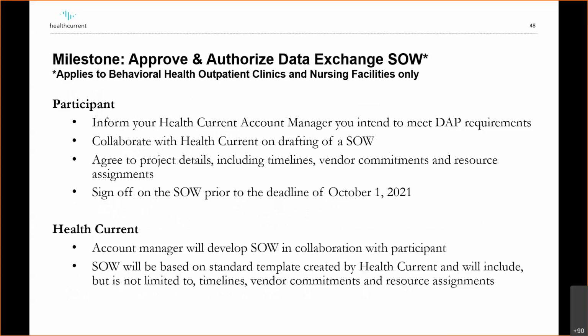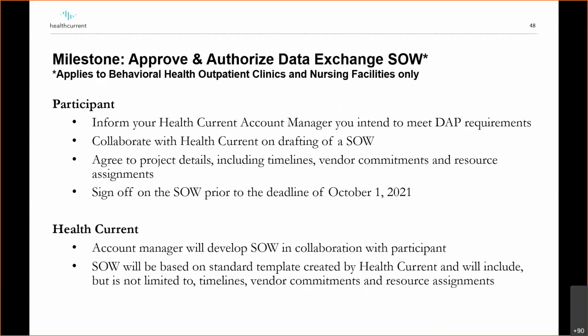So for milestones to approve and authorize that data exchange scope of work, as a participant you'll want to discuss with your Health Current account manager and essentially determine where you're at currently and what needs to take place to be able to draft that scope of work. Then agree to those project details and timelines so that you can involve vendors and look at the resource assignments for that scope of work.